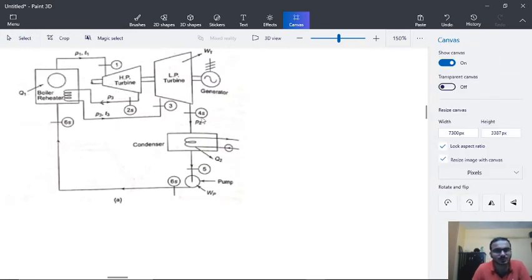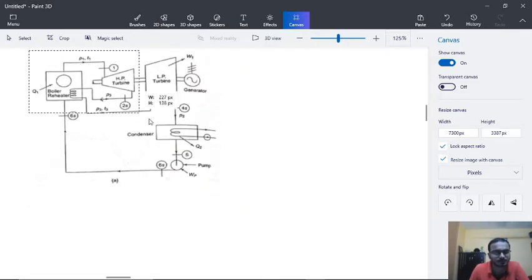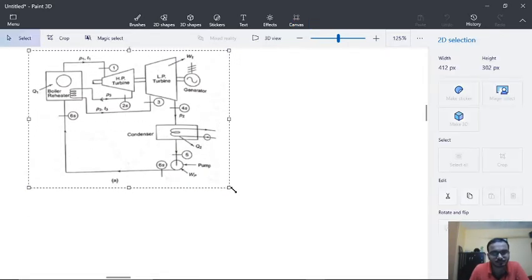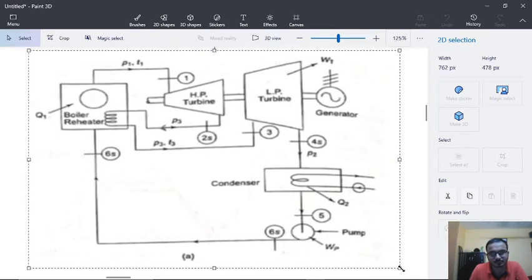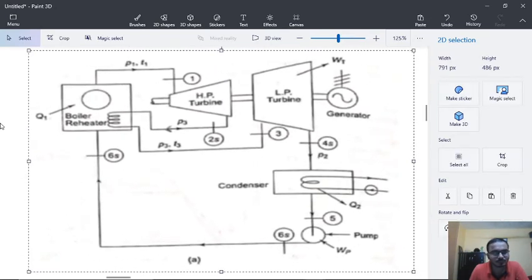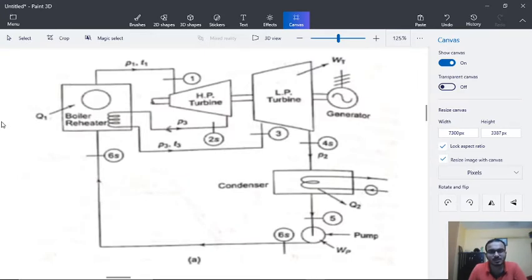So let's focus on this figure. So what is exactly the reheat?